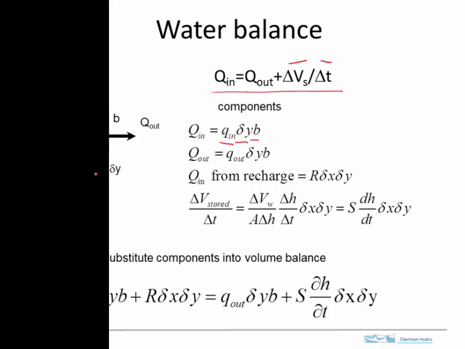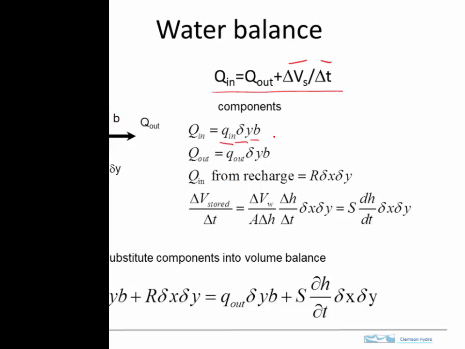That dy is a unit width in this direction, and b is the aquifer thickness, or the dimension of our control volume in that direction. So that's the cross-sectional area, and the flux coming in is perpendicular to that area.